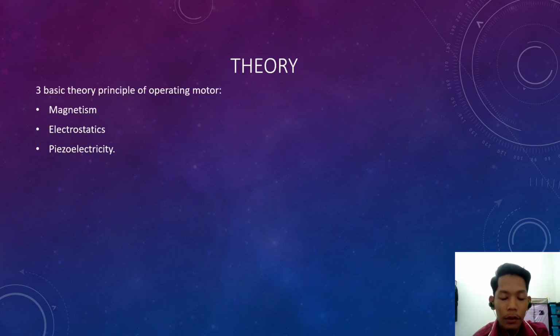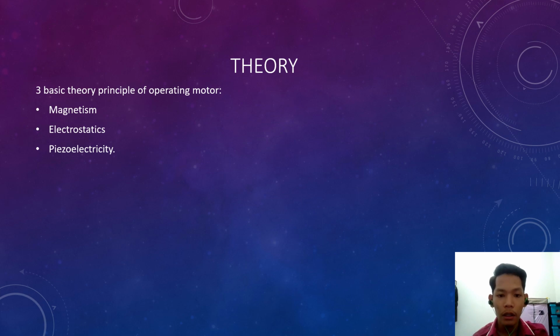For the theory of the electric motor, an electric motor uses one of three basic principles to operate: magnetism, electrostatic, and piezoelectric. Magnetic fields are created in both the rotary and stationary parts of the motor.